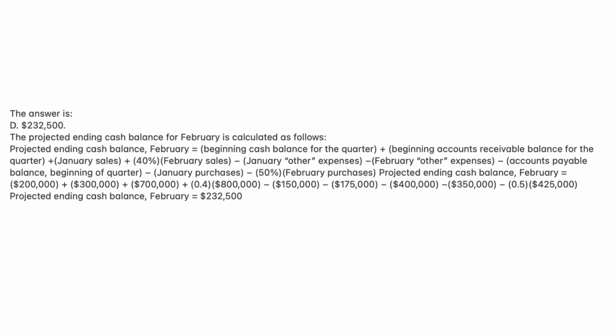Projected ending cash balance, February equals $200,000, plus $300,000, plus $700,000, plus 0.4 × $800,000, minus $150,000, minus $175,000, minus $400,000, minus $350,000, minus 0.5 × $425,000.